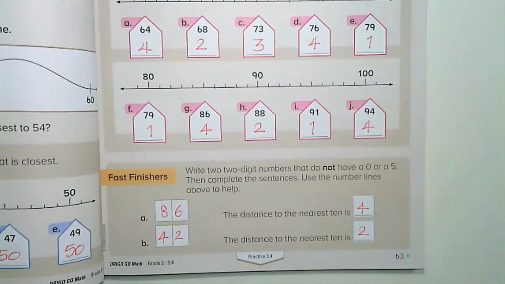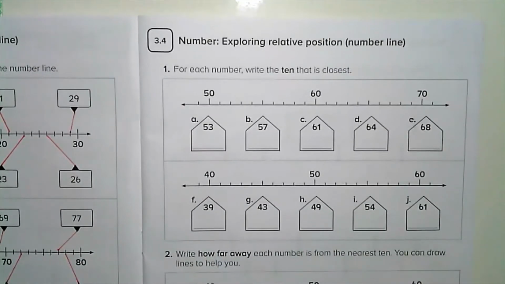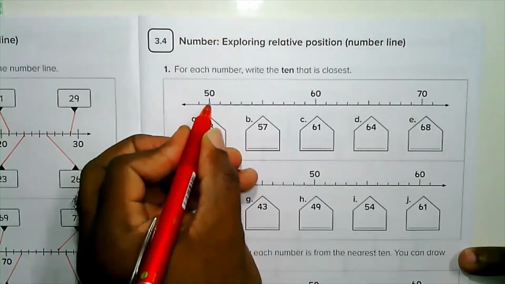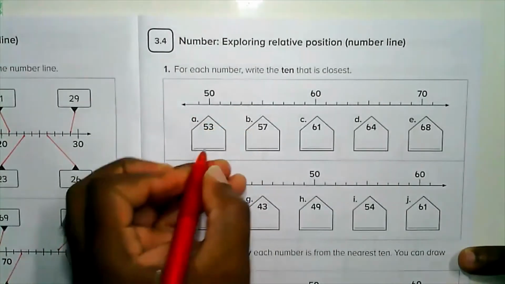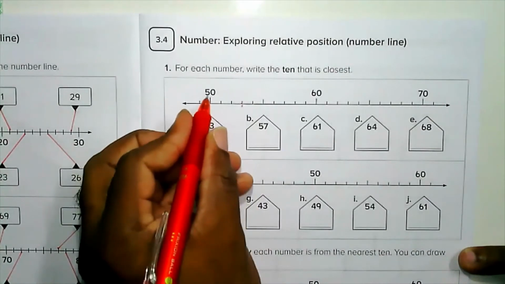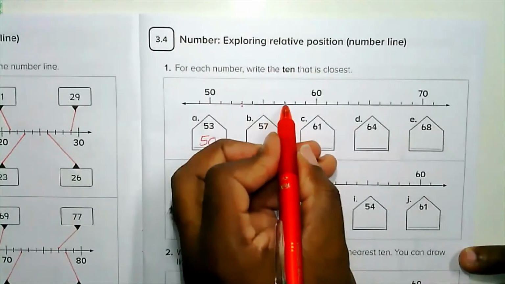Now let's go on to practice 3.4. For each number, write the 10 that is closest. So 53, the 10 that is closest is 50. 53 is here. 57 is here.